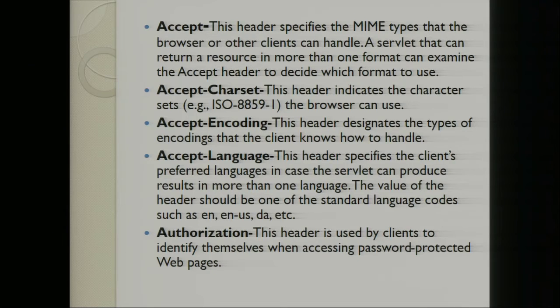In this case, if the server receives this Accept-Encoding header, it is free to encode that page using one of the formats specified and send the Content-Encoding response header to indicate that it has been done.